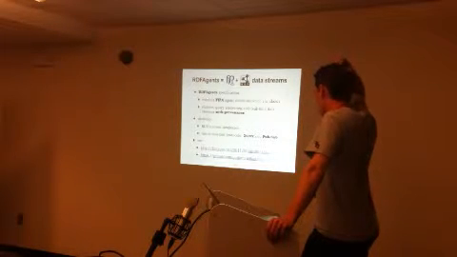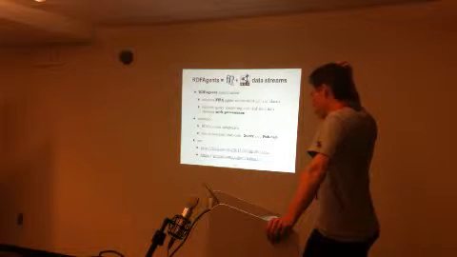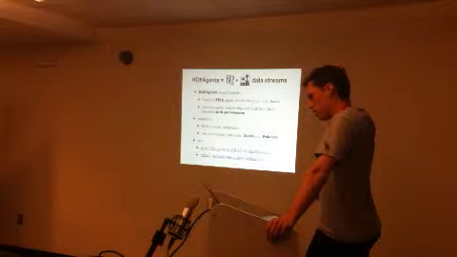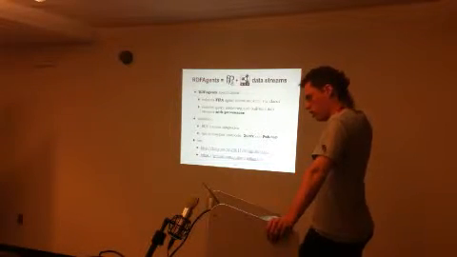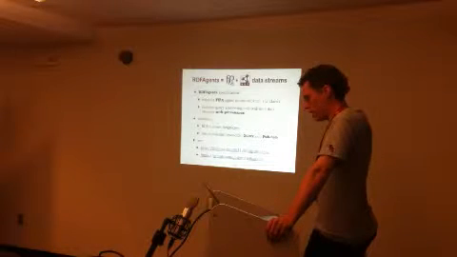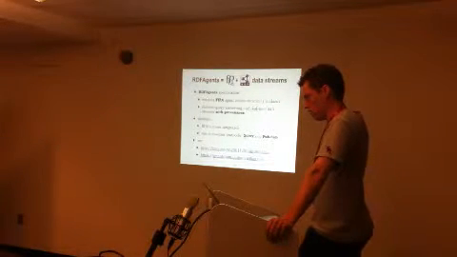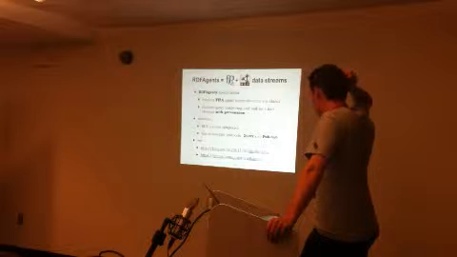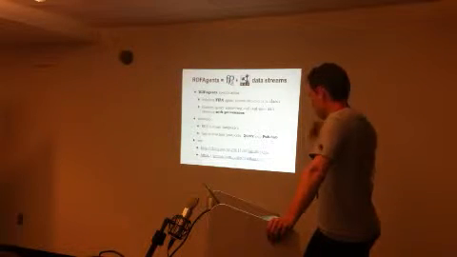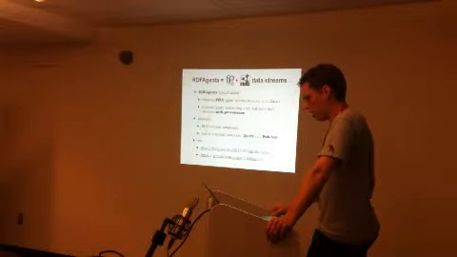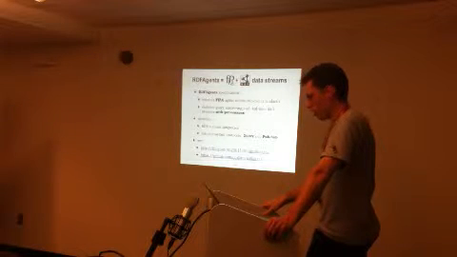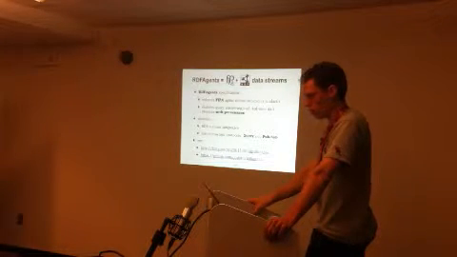So the specification extends the FIPA agent communication standards. FIPA is a set of standards dating back from the 90s and early 2000s that gives a standard set of communication protocols.